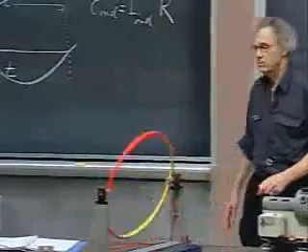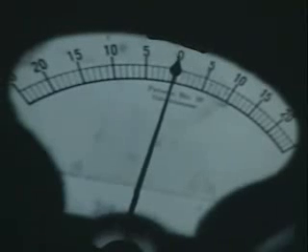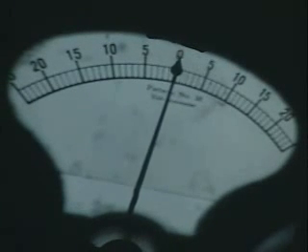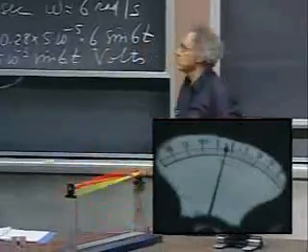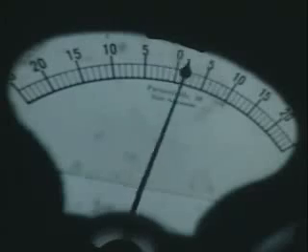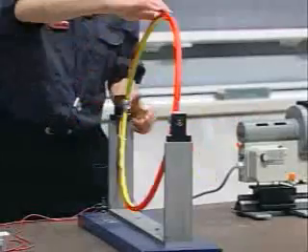Very modest, because I rotate very slowly. Now I rotate faster. That is proportional to omega. And so if I rotate faster, you get a much larger maximum induced current. A larger EMF, a larger current. I don't know how fast I can go.